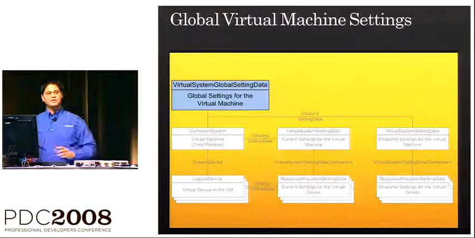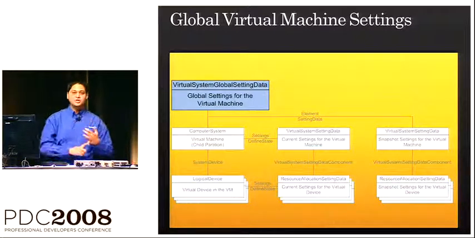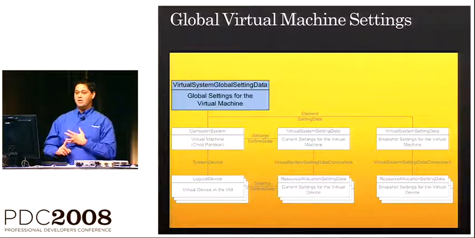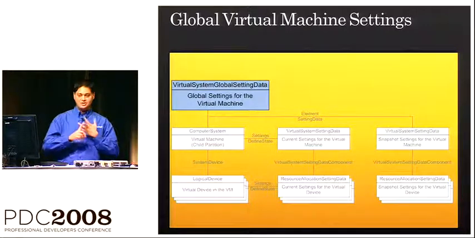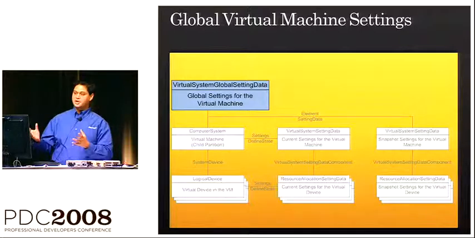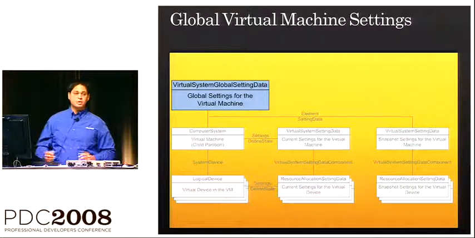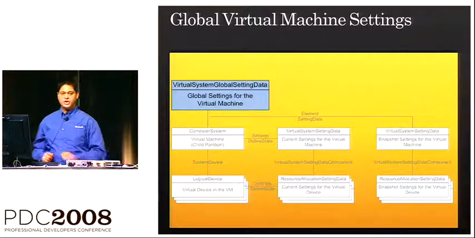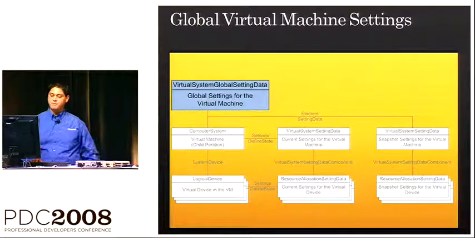The virtual system global setting data, you might have things like security settings for the VM, or its name, or its storage location, that sort of thing described in it, and those things won't change as you apply snapshots back and forth.